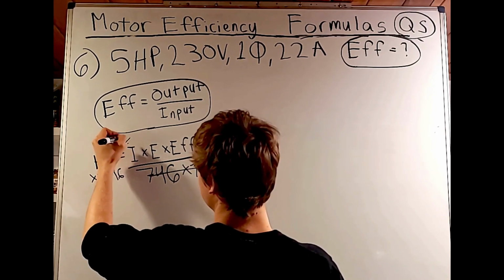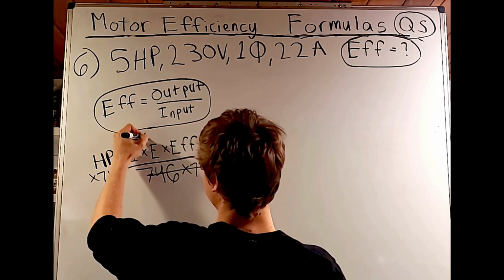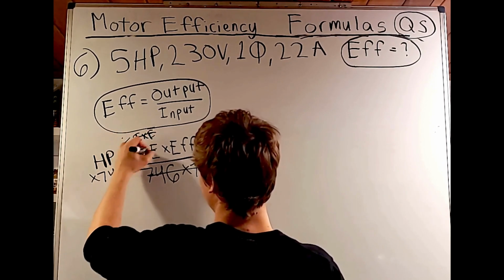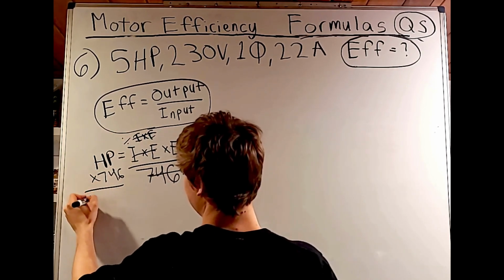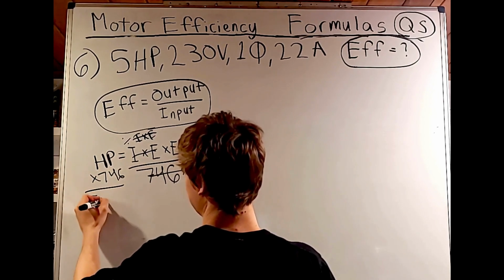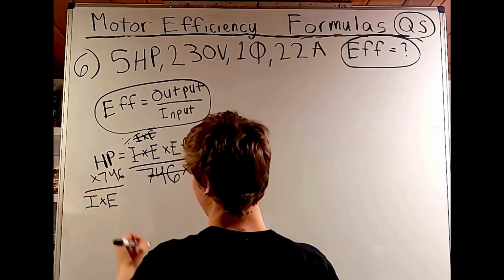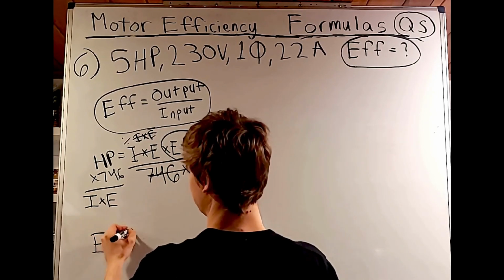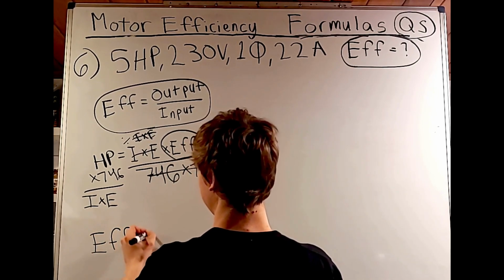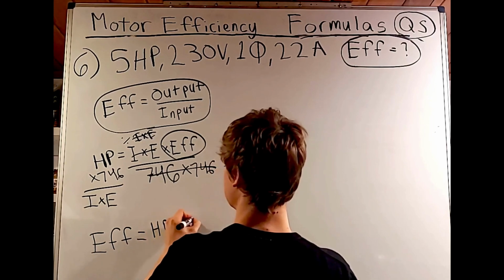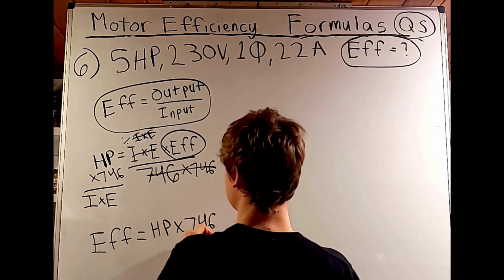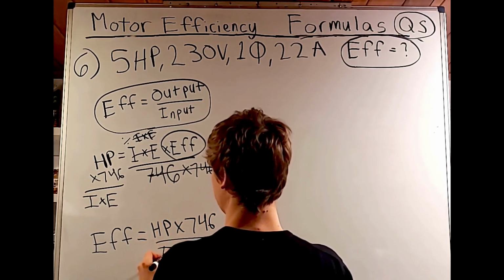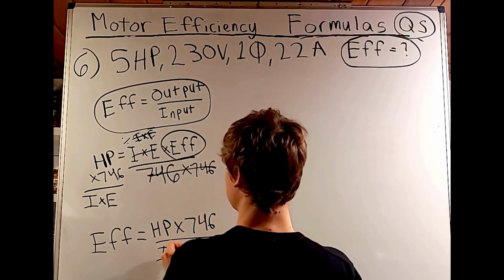Then I'm going to divide by my I times E combo, getting rid of both of those, and doing that on the other side as well, leaving my EFF. So rewriting it, the efficiency formula is my horsepower times 746 over my current times voltage.